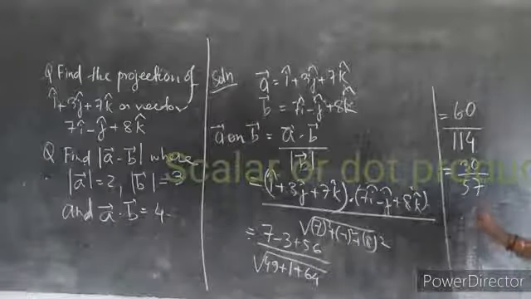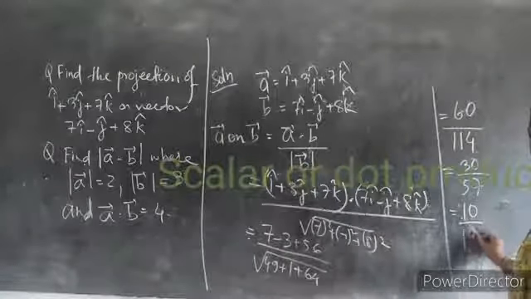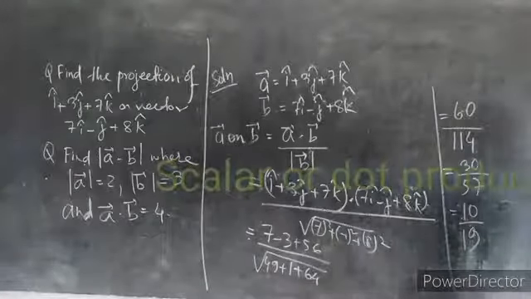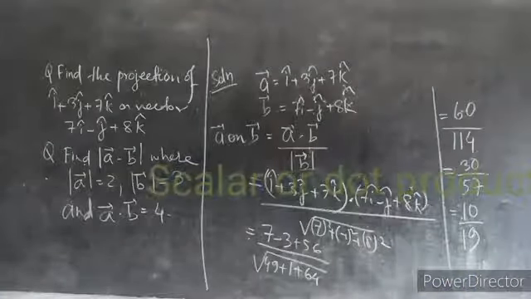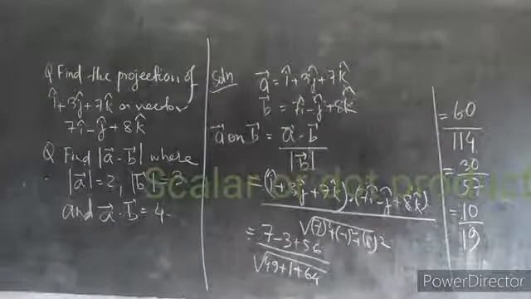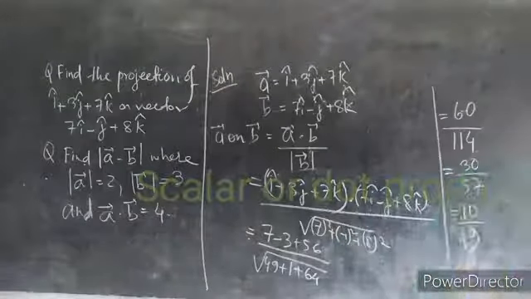So I think we can cancel by 3 also. That is 20 divided by root 38. So the projection of A on B will be coming as 20 divided by root 38. Okay students, so in this way we do the first part of our question.